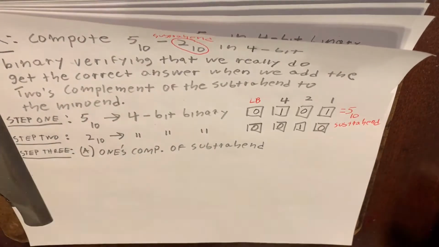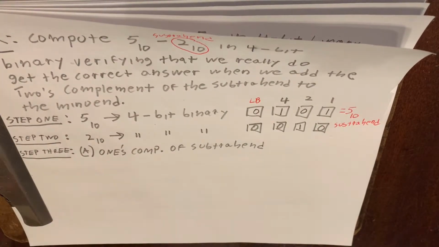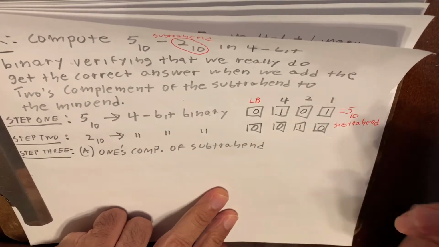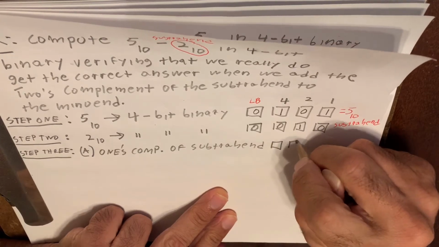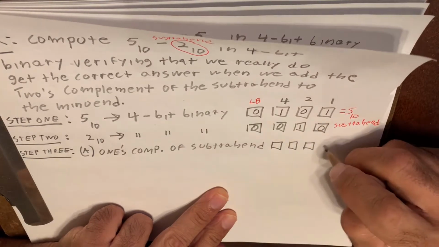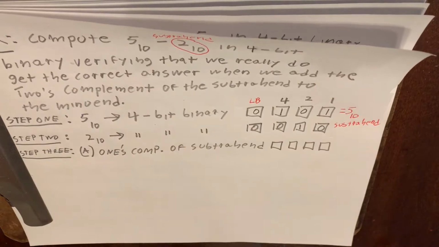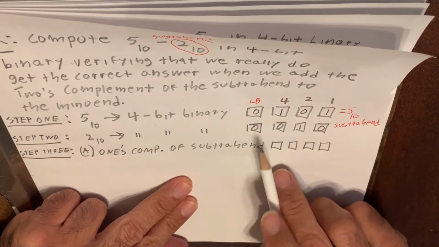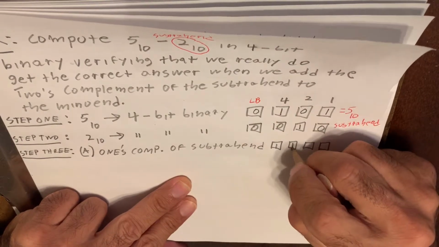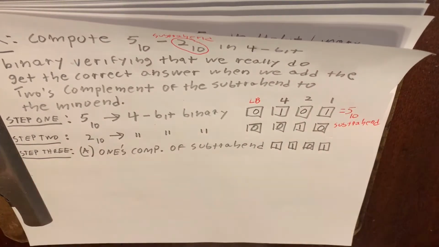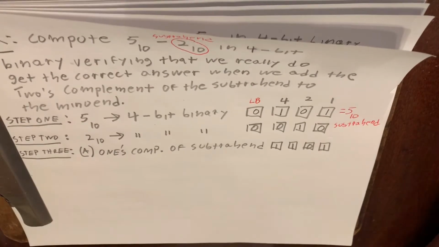It is. Okay. So to get the 1's complement of this, we simply interchange the bits. So 1, 2, 3, 4 bits. And so we have 1, 1, 0, 1. So this is the 1's complement of the subtrahend.